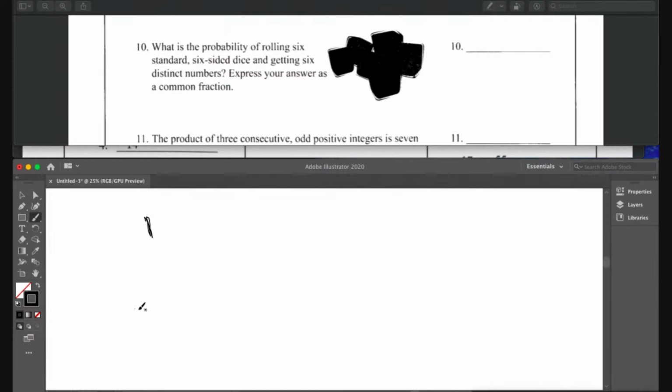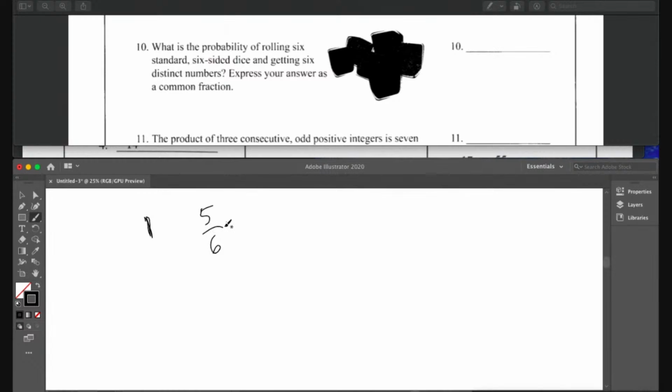For the second die roll, you can't roll whatever you rolled for the first die, but you can roll any other number. So there are five numbers you can roll and one number that you can't roll. So then the probability of the second die keeping everything distinct will be 5/6.